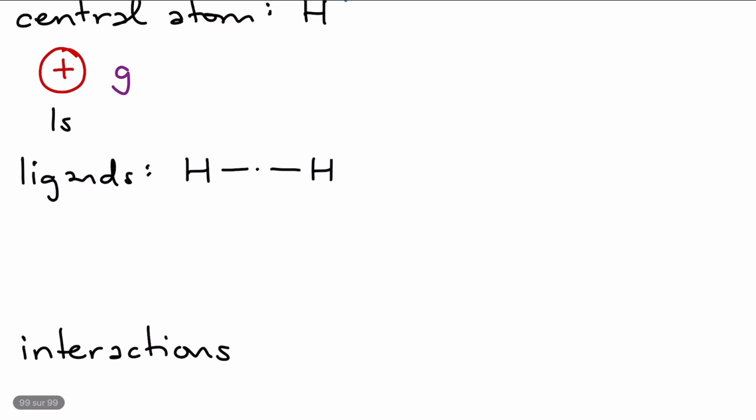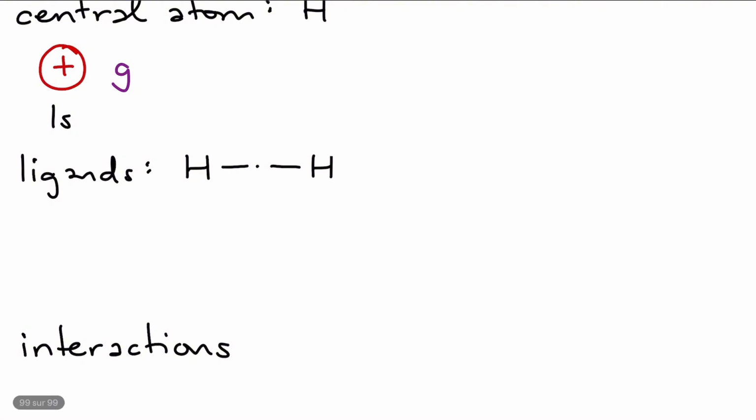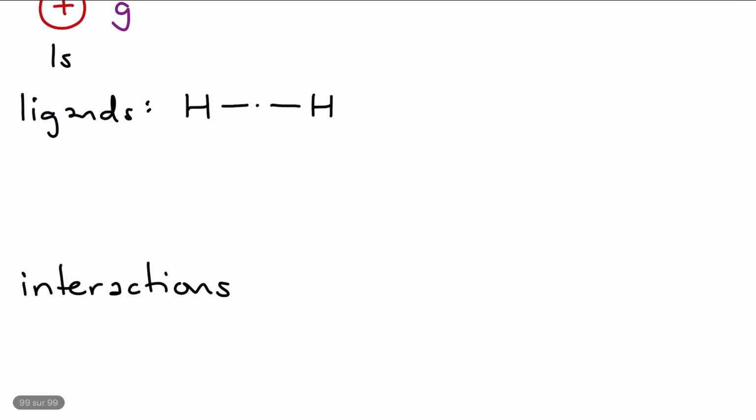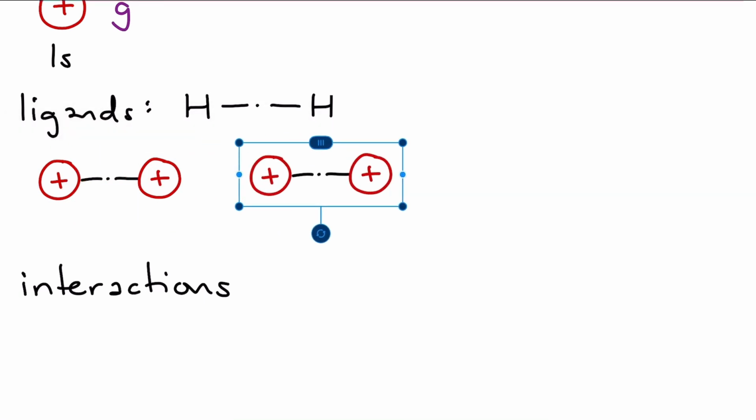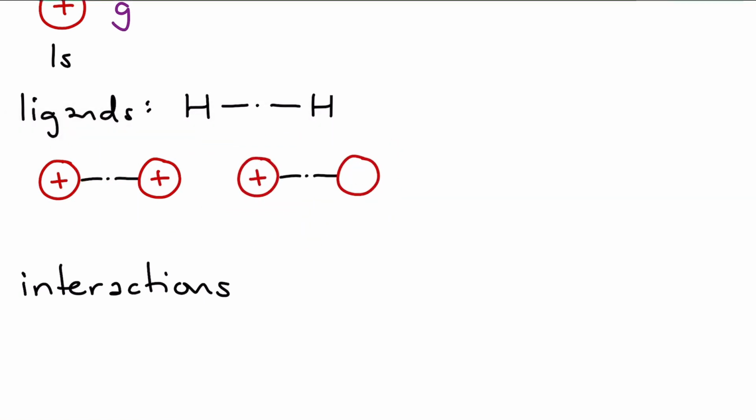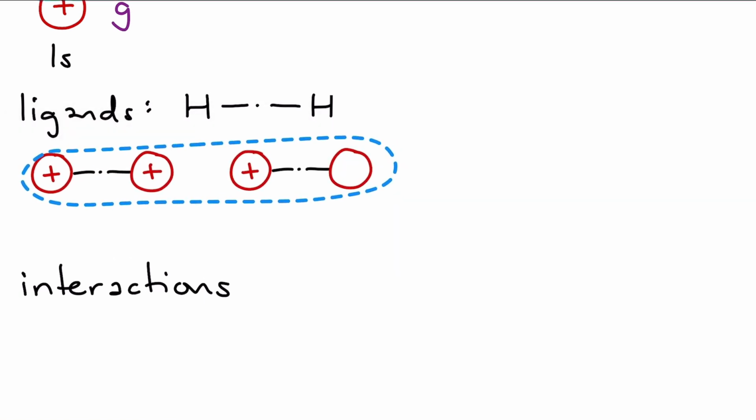Gerade is just a fancy way of saying that when you use an inversion symmetry operation, it still retains the same phase. Now let's look at the ligands. The ligands are no different. We just have 1s orbitals that are in phase with each other, and you also have another group that is not in phase with each other. It's going to look like this.